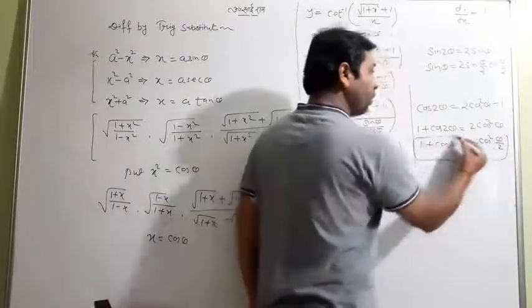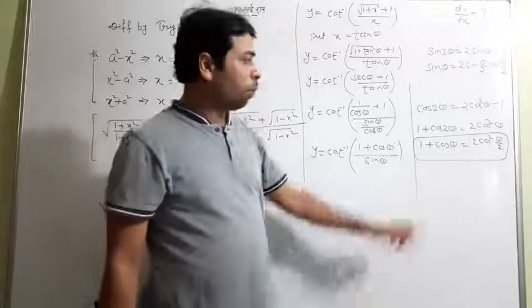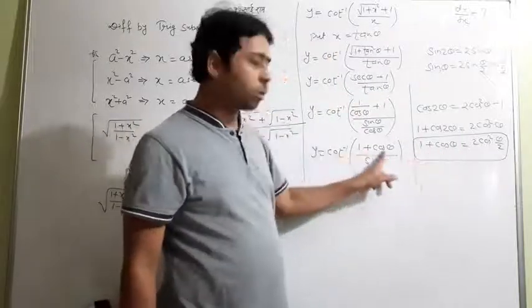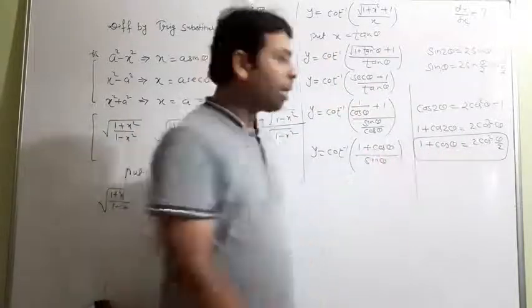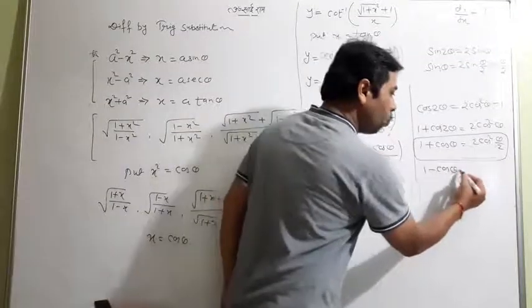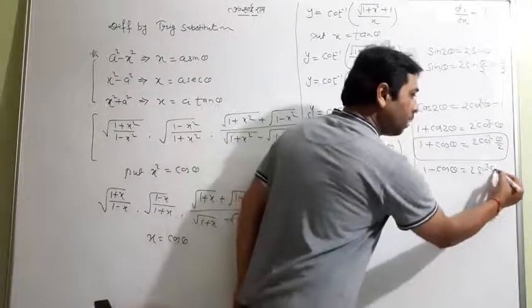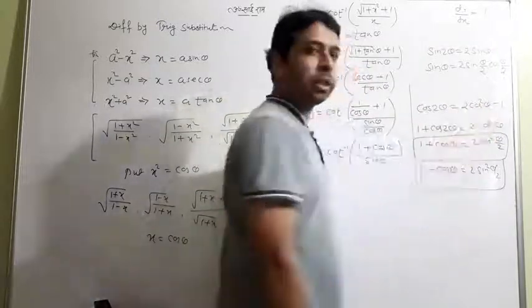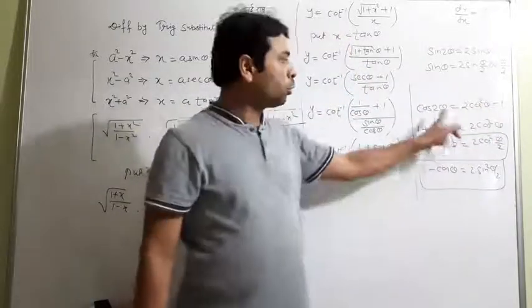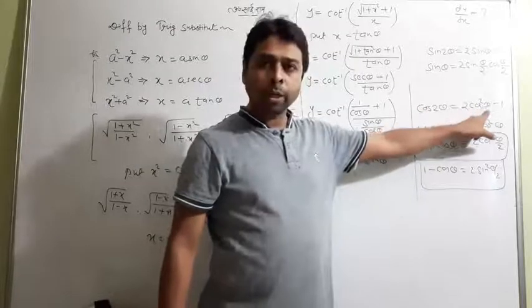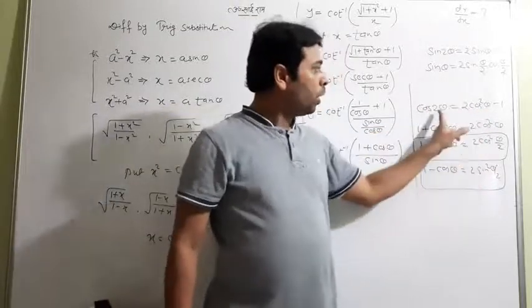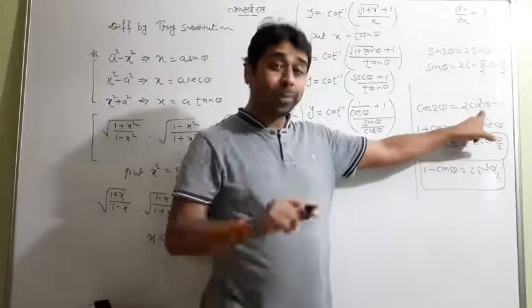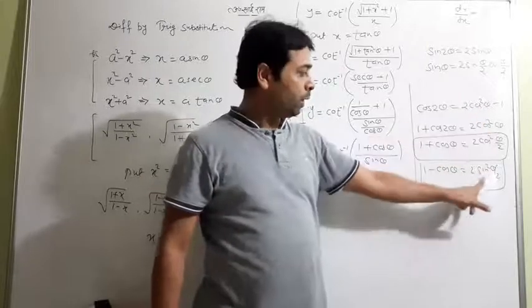This is going to be a very famous formula in further study. 1 plus cos theta. Similarly, you can also make 1 minus cos theta, which will be 2 sin square theta by 2, by the formula cos 2 theta equal to 1 minus 2 sin square theta. We have two formulas: cos 2 theta equal to 2 cos square theta minus 1 gives you this formula, and cos 2 theta equal to 1 minus 2 sin square theta gives you another formula.